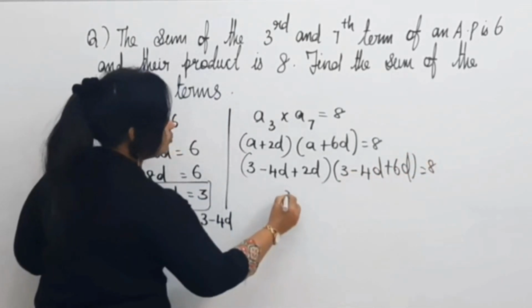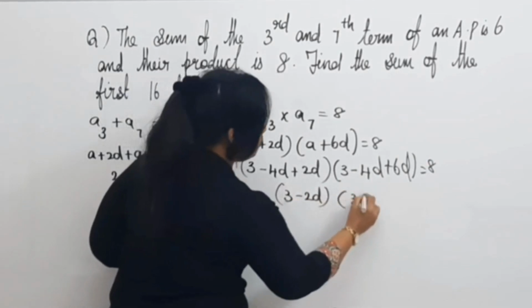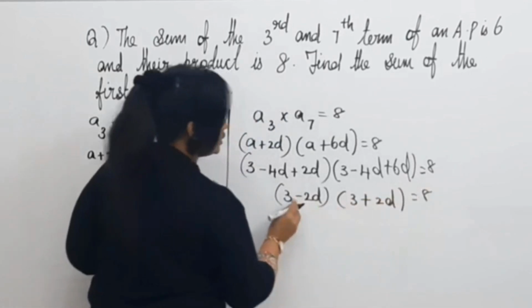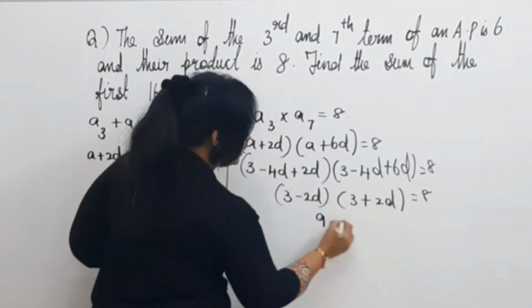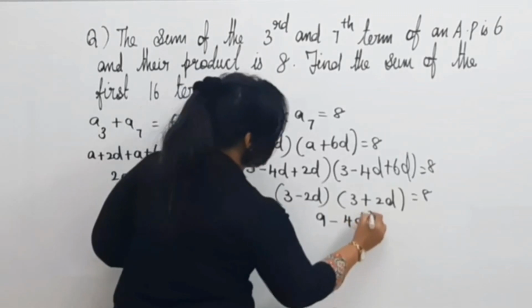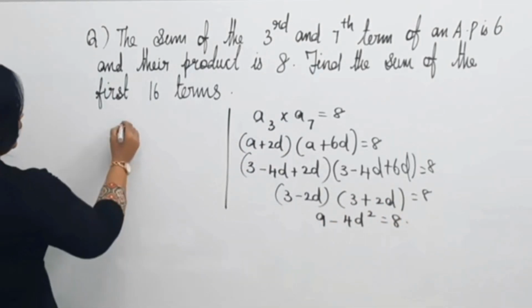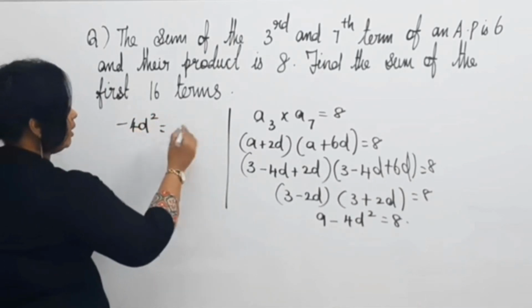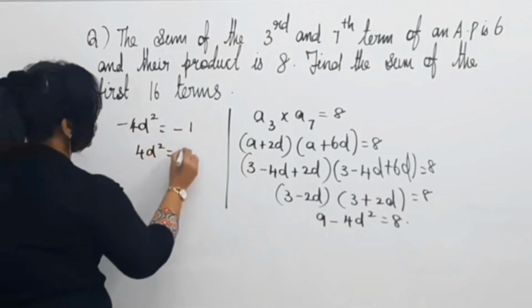So I get 3 minus 2D into 3 plus 2D equal to 8. On simplification, a minus b into a plus b is a square minus b square, that is 9 minus 4D square is equal to 8. I get here minus 4D square is equal to 8 minus 9, that is minus 1. So 4D square is equal to 1.